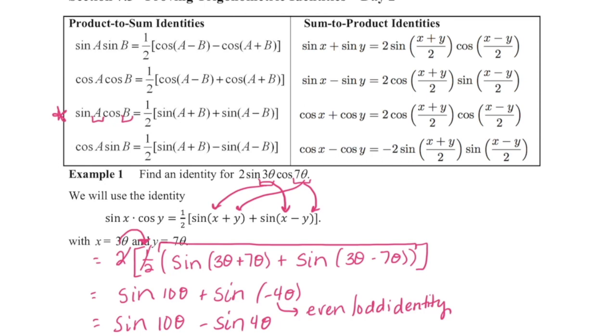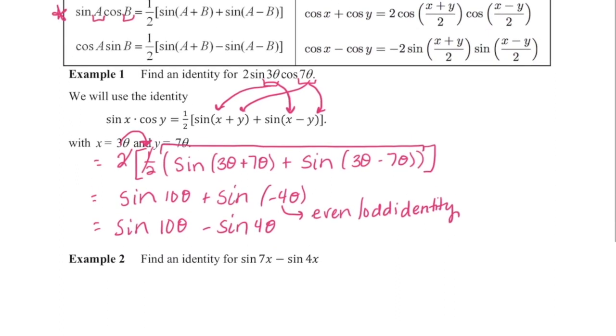Example 2 is asking us to find an identity for sine of 7x minus sine of 4x. So I'm taking a sine minus a sine. So we're going to use this second option for sum to product, where I'm going to let 7x be my x value and 4x be the y value when I'm substituting into the identity itself.